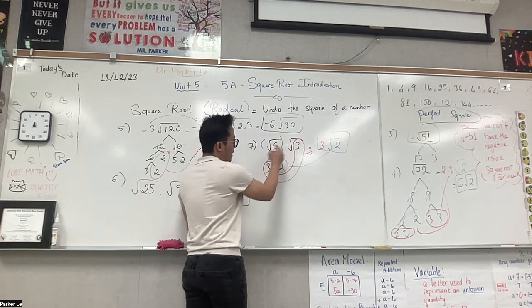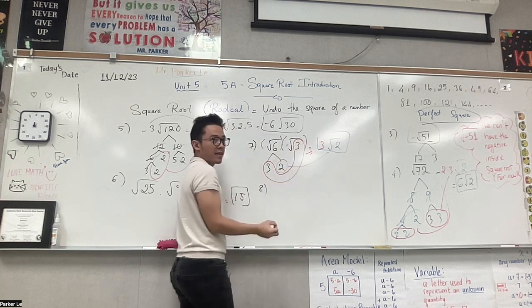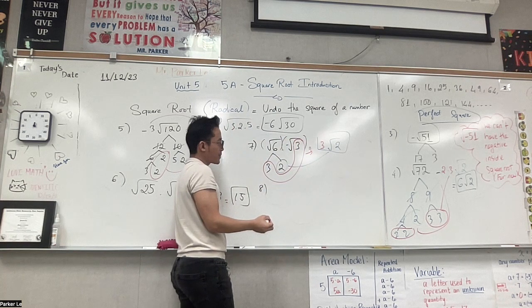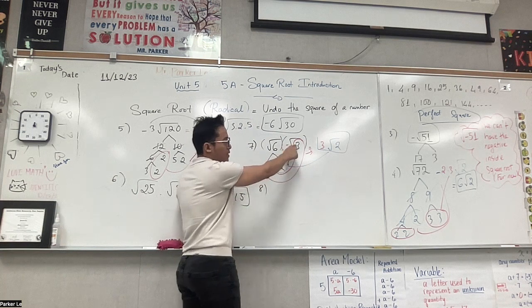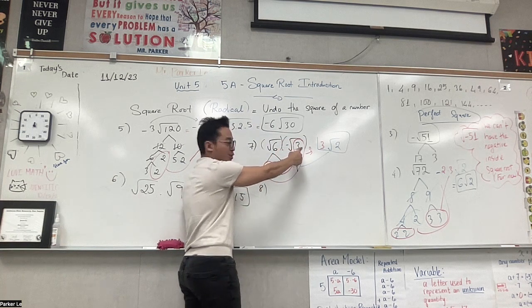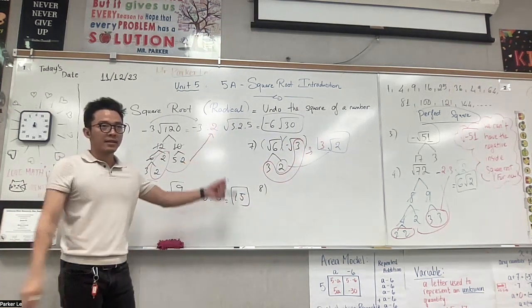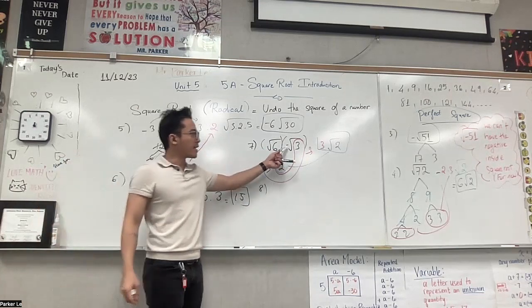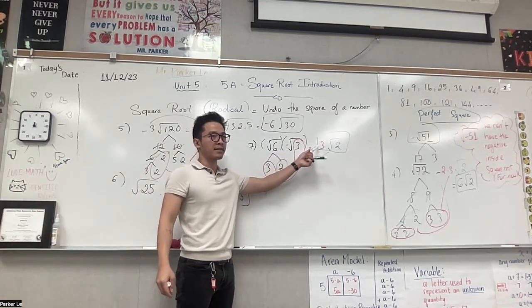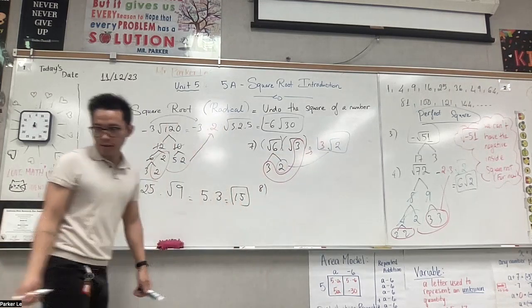Because this square root is only for the 6 and that square root is for the 3. So these are two different ones. Yes, 3 together. Because this negative is not about 3. It's negative about the whole square root. Yeah, the 3 is still positive. So 3 and 3. Very good. This is 1 point. So if I have the negative right here, what is the answer then? Yes, negative 3 square root of 2. Good, you got this.